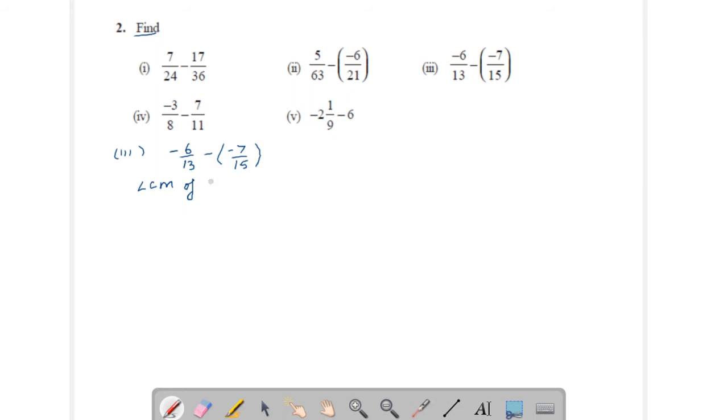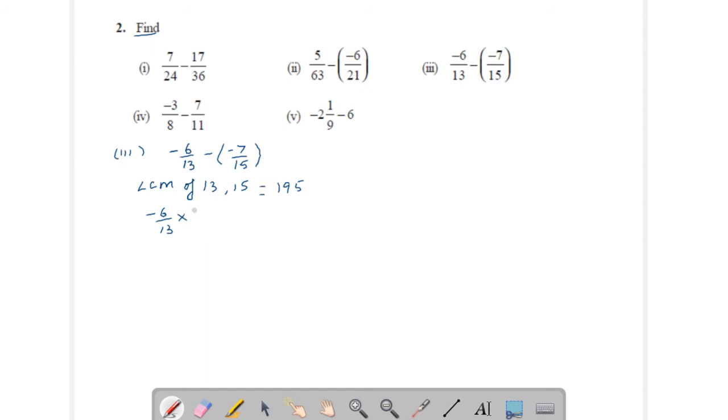LCM of 13 and 15, it is 195. Take first rational number minus 6 upon 13 into, here denominator is 13. Divide 195 by 13. You will get 15.